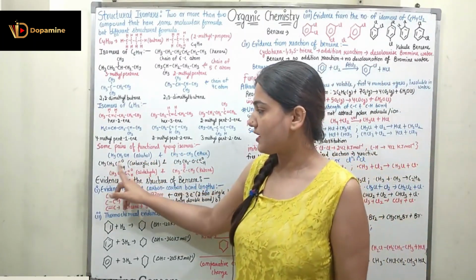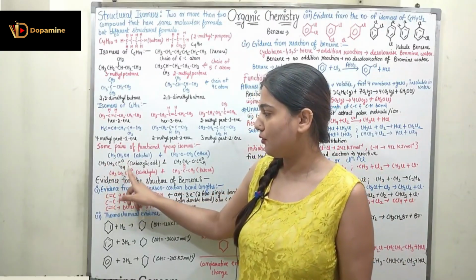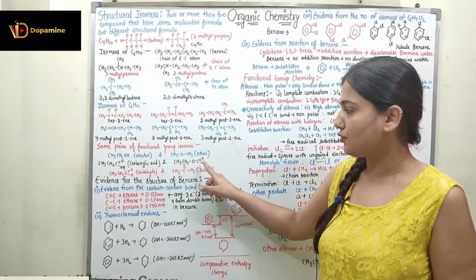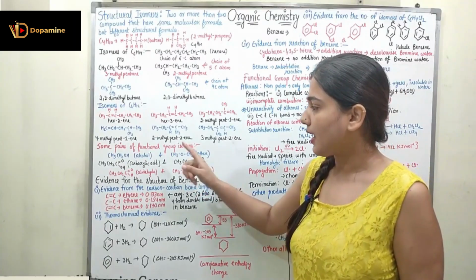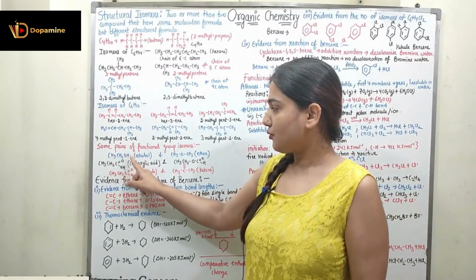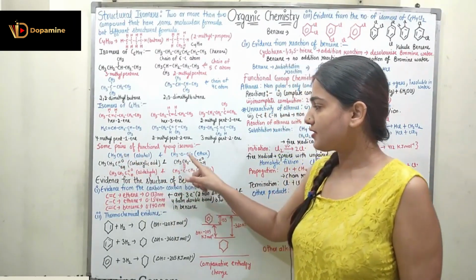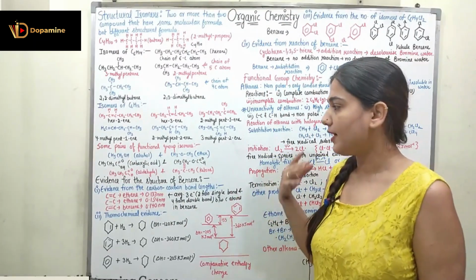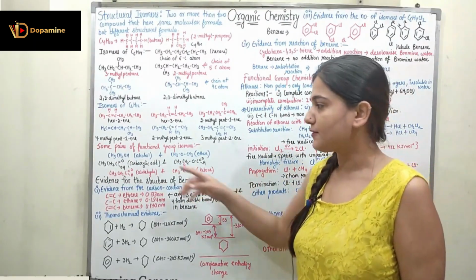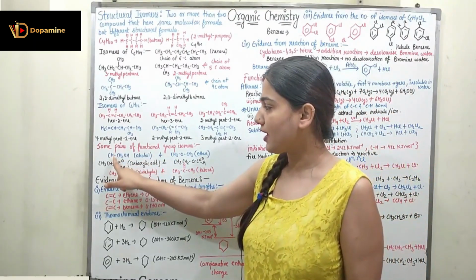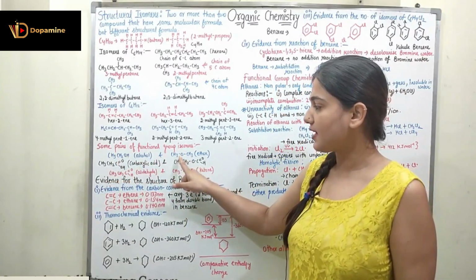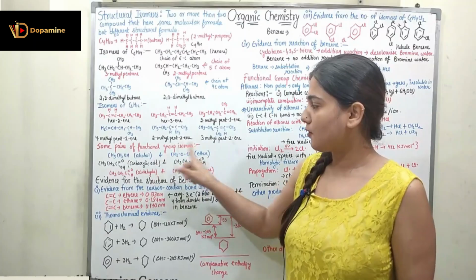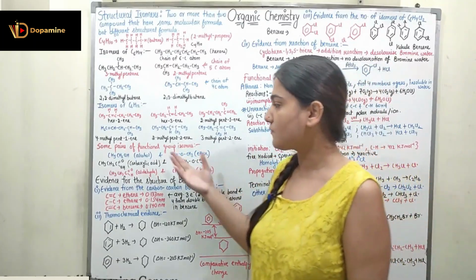So CH3CH2OH is my alcohol and CH3OCH3 is the ether. They are both isomers, because here I have 2 carbon, 6 hydrogen and 1 oxygen, and here also I have 2 carbon, 6 hydrogen and 1 oxygen. So alcohol and ether are isomers. The functional groups are isomers.